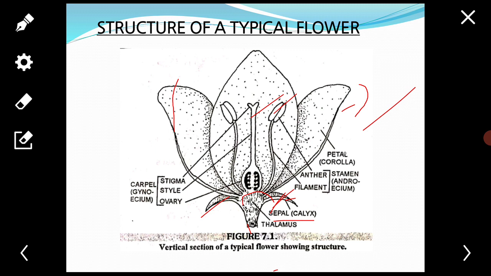The floral envelope, including both calyx and corolla, is called perianth, and an individual member of the perianth, when sepals and petals are not clearly differentiated, is called tepal, T-E-P-A-L.